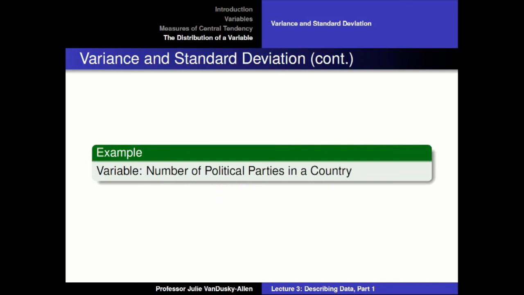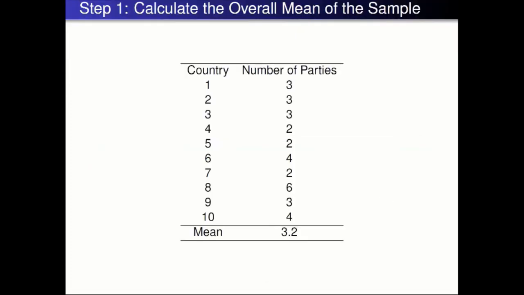To illustrate how to calculate a variable's variance and standard deviation, I will use a variable that measures the number of parties in a country. Imagine the variable took on the following values: 3, 3, 2, 4, 2, 3, 4, 1, 3, 4. The first step is to calculate the mean of the variable. Recall that to calculate the mean, we add all of these values together and divide by the total number of observations.